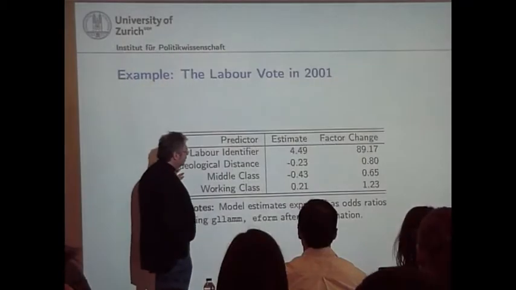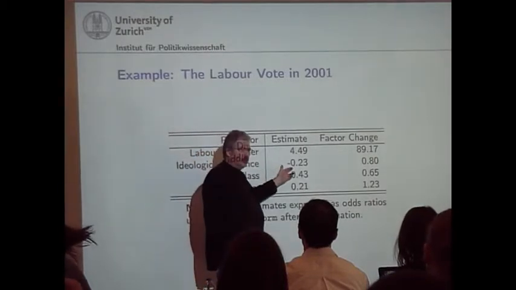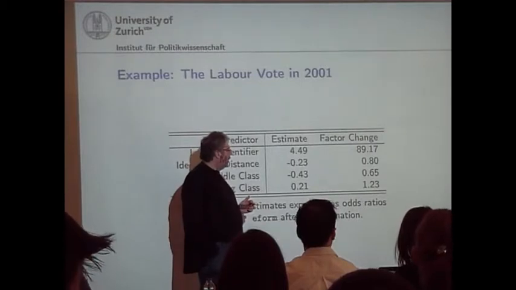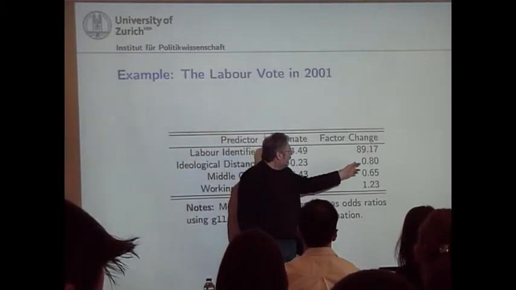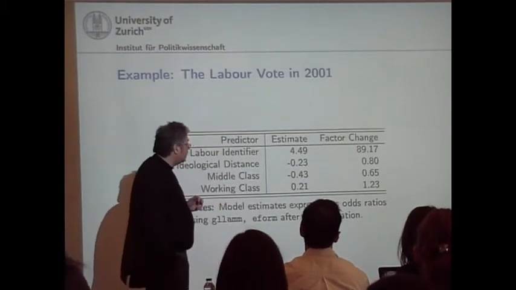Ideological distance, which has a negative coefficient, should be producing a factor change that is less than 1.